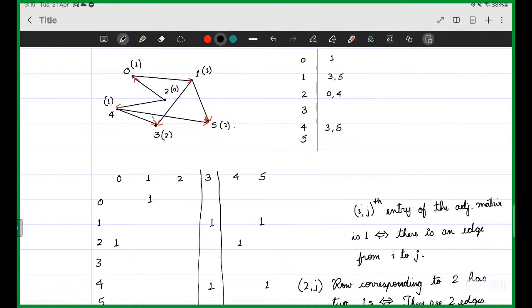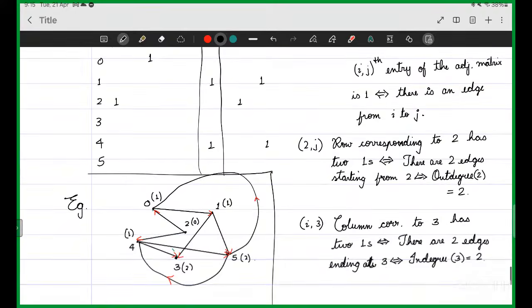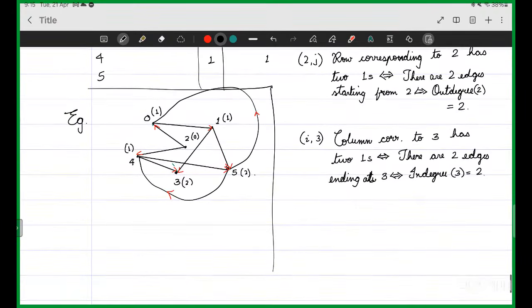You can reconstruct the graph from the matrix, or from the adjacency list, and then you can do the sorting. So this is all I have. Are there any doubts?